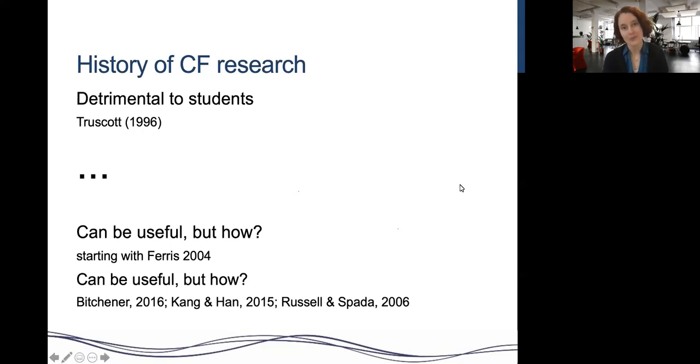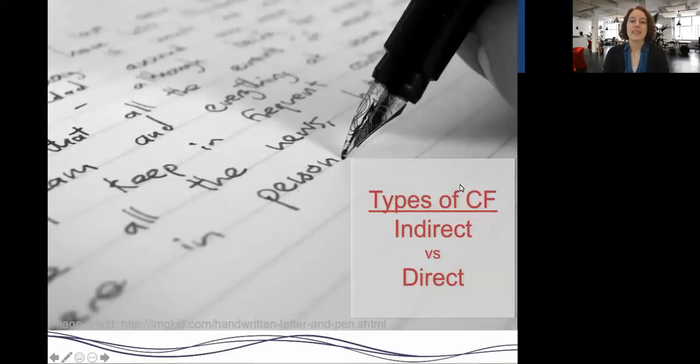So let's just briefly take a look at two types of corrective feedback that are commonly looked at in studies. One is indirect and the other is direct. Now, indirect corrective feedback is where the teacher might, for example, make a tick mark on the paper or underline the problem.